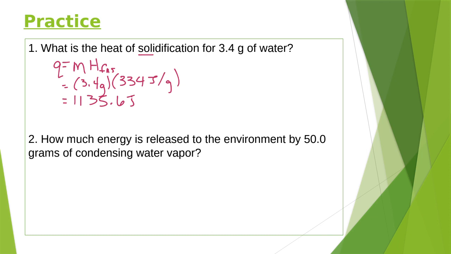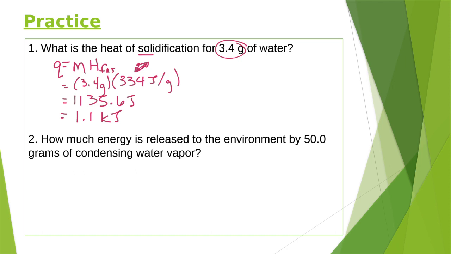I look at my values. This is a constant here, so sig figs do not apply to it at all. I have 2 sig figs there. I have to round to 2. It's up to you, put it into scientific notation if you want. I'm going to divide out, and I'm going to say I'm going to need 1.1 kilojoules of heat to solidify water.